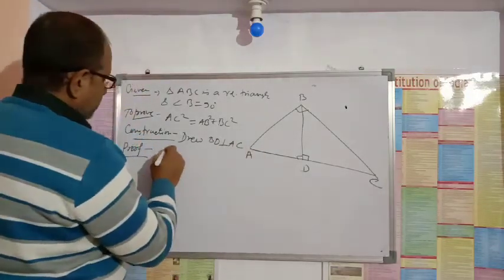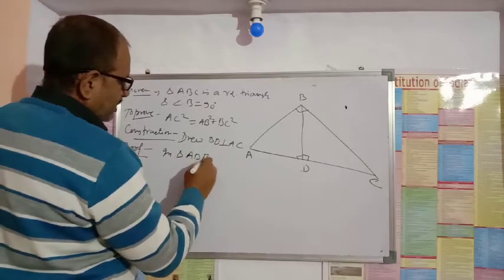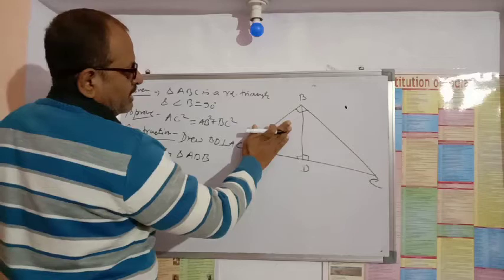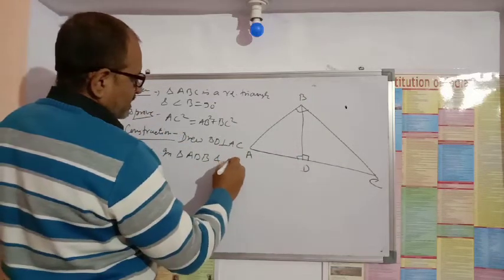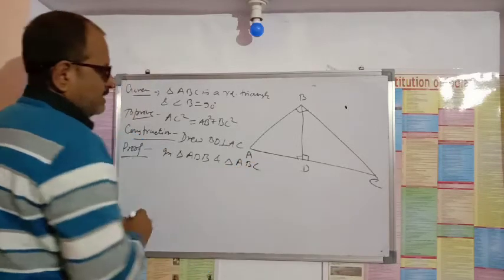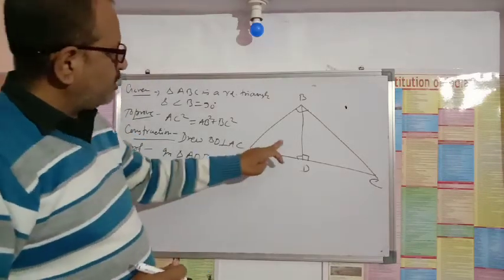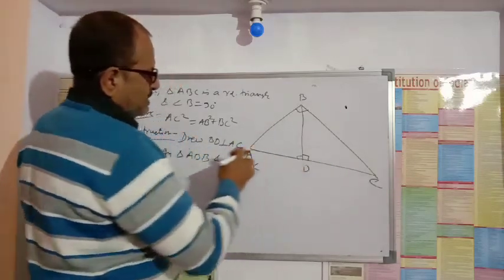So in triangle ADB and the whole triangle ABC, we have taken the small triangle ADB and the whole triangle ABC.